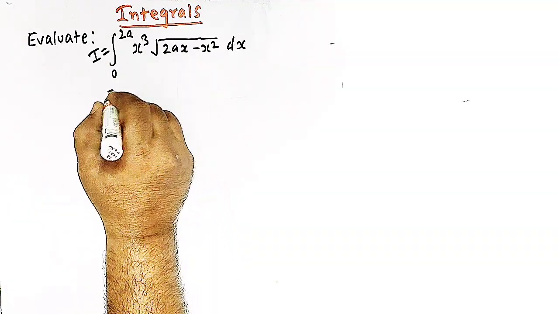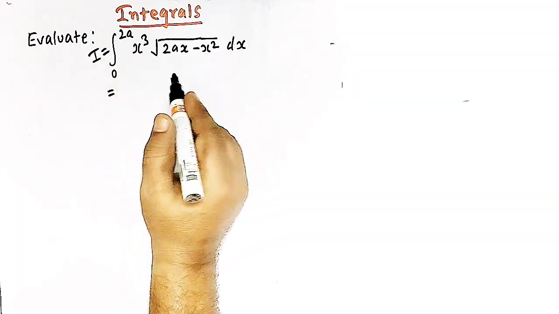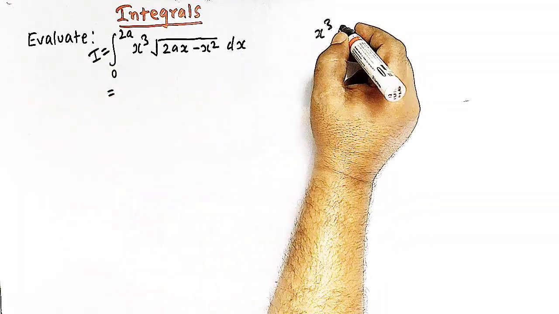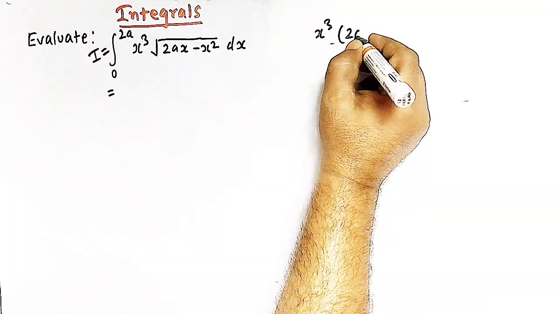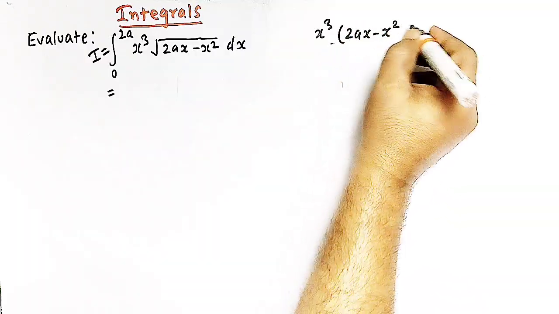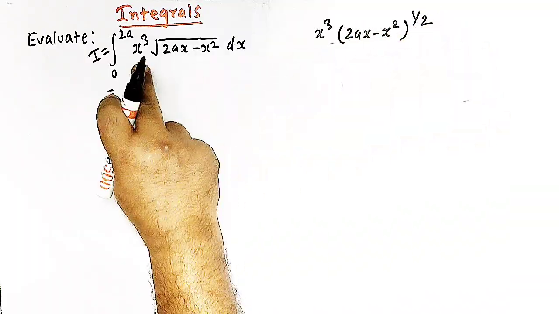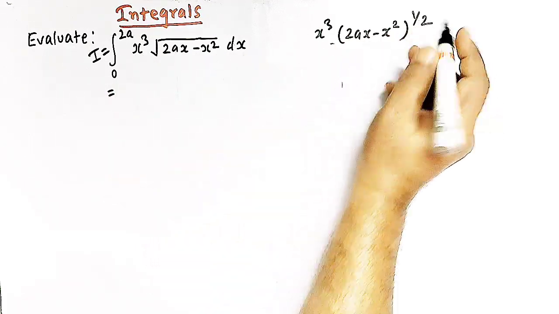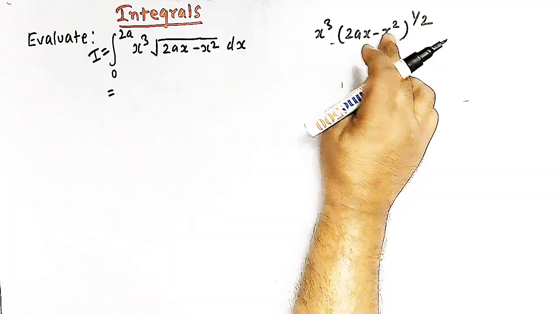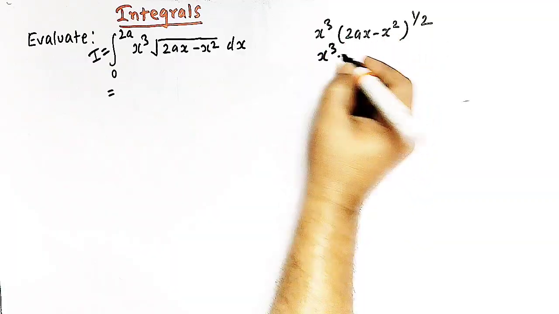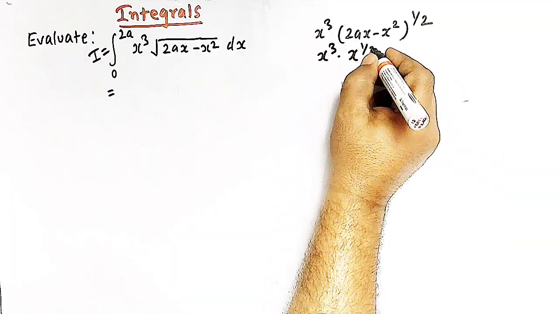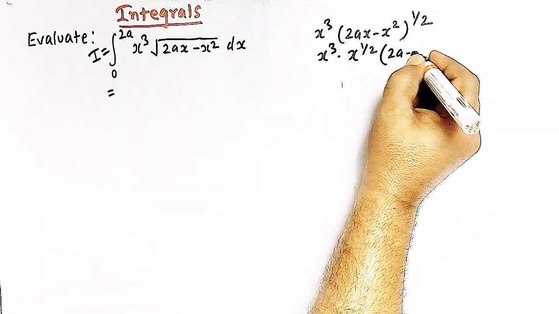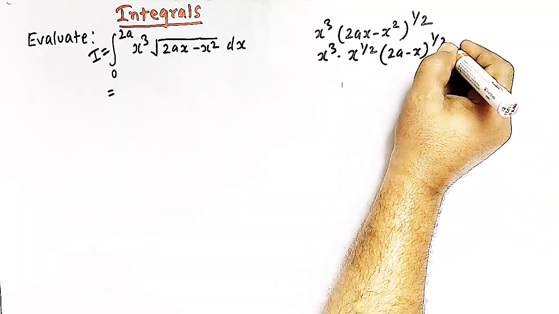So let us first write this integrand as x cube and square root, that is 2ax minus x square raised to half. So we can write this integrand in this form. Now if we take x common from 2ax minus x square, then we have x cube, and x raised to half taking x common, and 2a minus x raised to half.